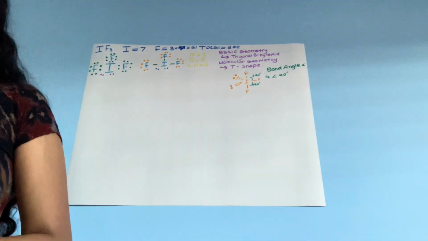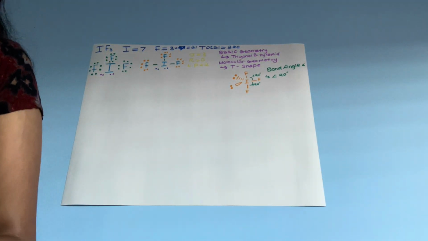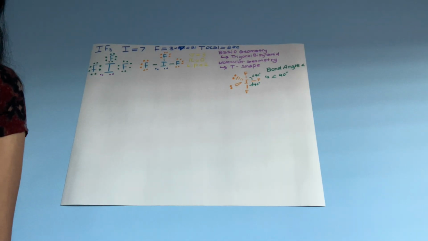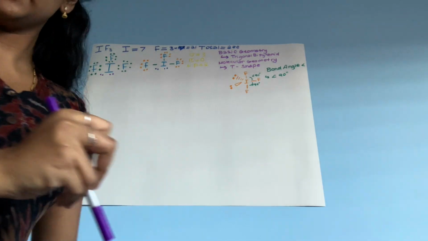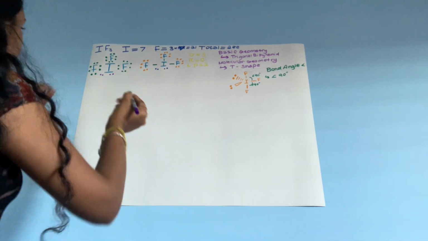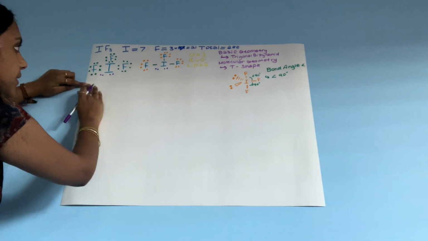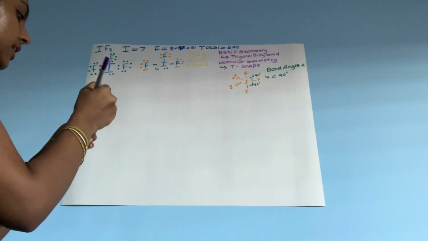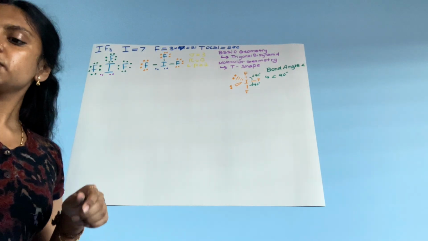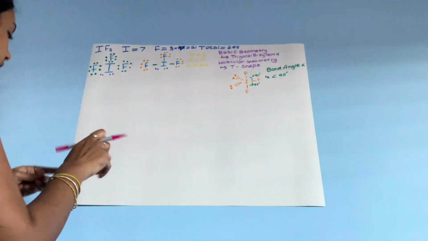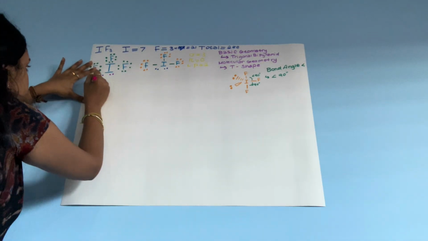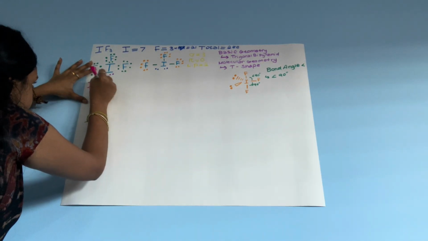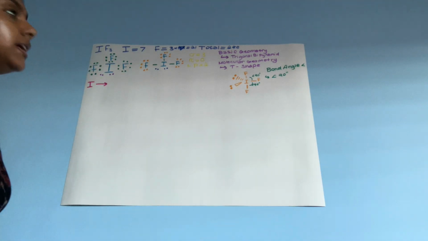Next, we are going to be looking at our electron configuration. Okay, what's the color that we didn't use? Let's use pink. For electron configuration, we have iodine in the middle, so we're going to be looking at iodine. Let's take a look.